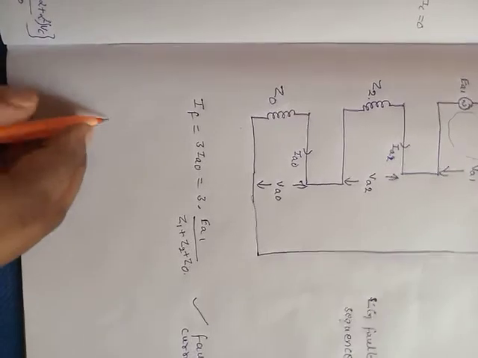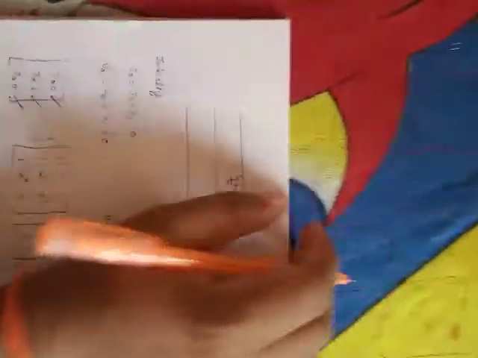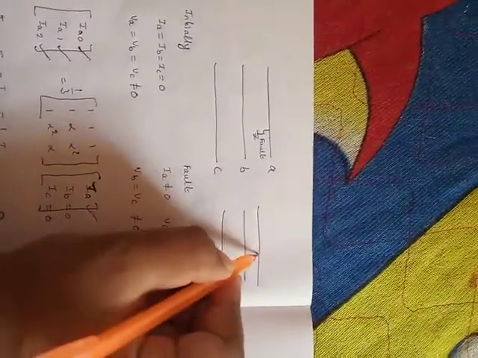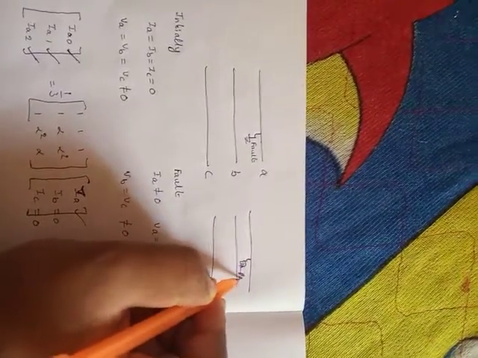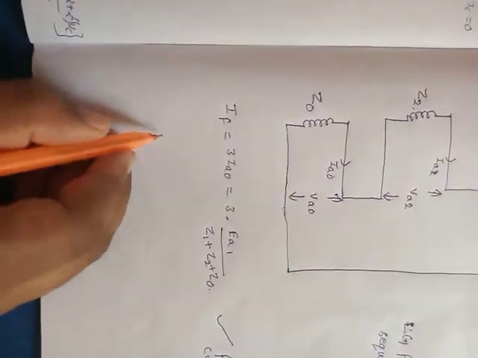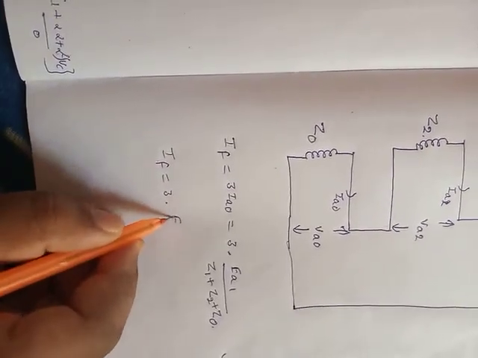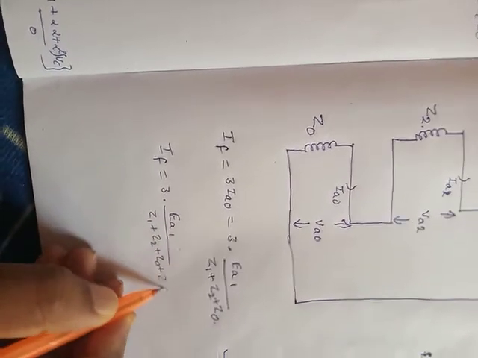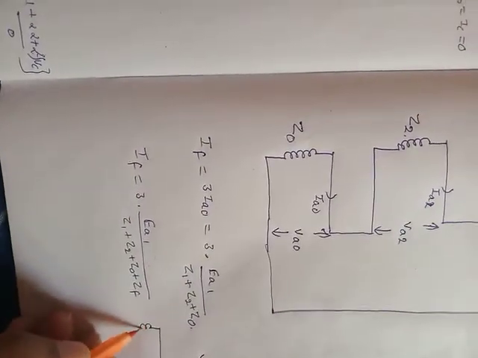Similarly, if the fault has occurred through some impedance, where ZF is the fault impedance, and a single line to ground fault has occurred, the fault current formula is IF equal to 3 into Ea1 by Z1 plus Z2 plus Z0 plus 3ZF, only adding the extra ZF, and the sequence network is like this.